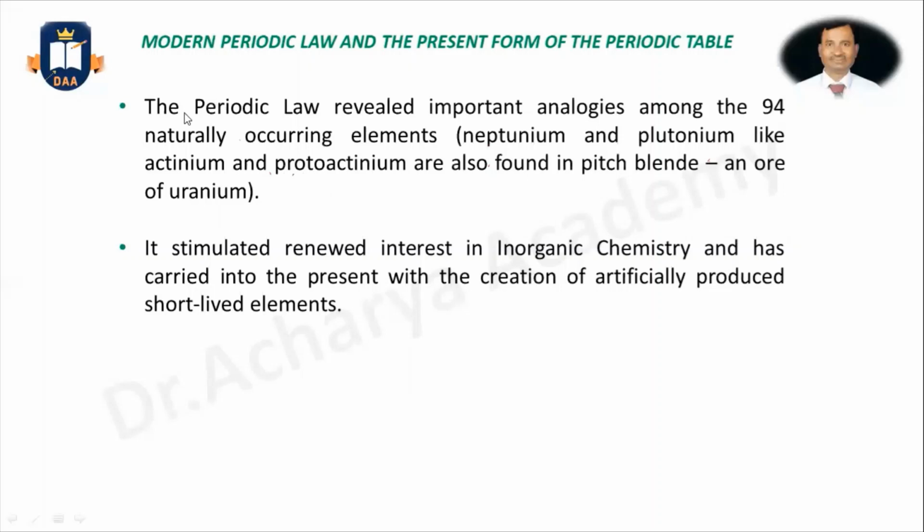And this modern periodic law revealed important analogies among the 94 naturally occurring elements. We know that 94 naturally occurring elements are there, and that means neptunium and plutonium, like actinium and protactinium, are also found in pitchblende.